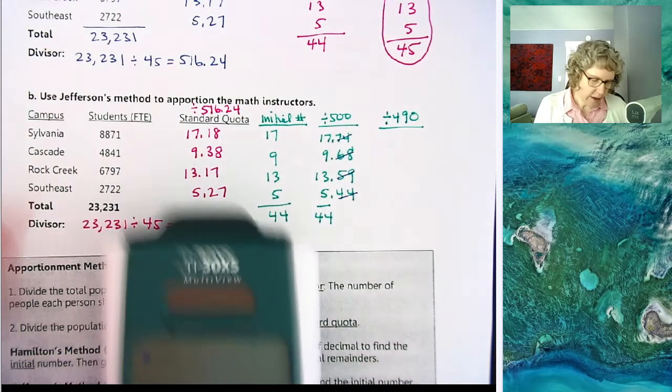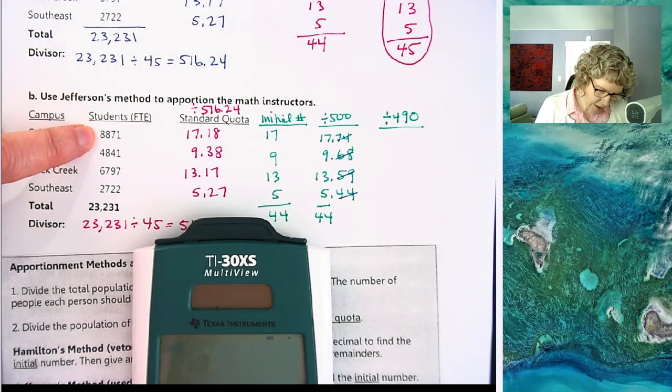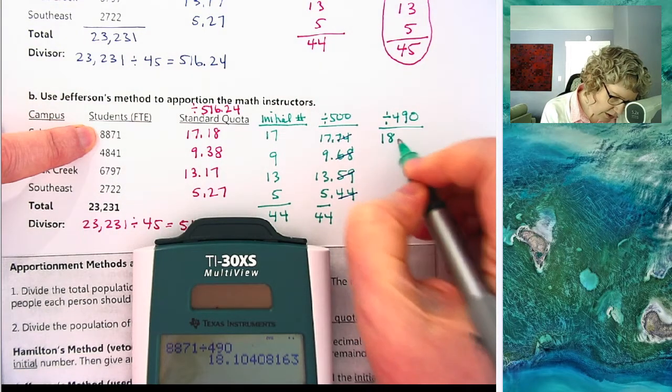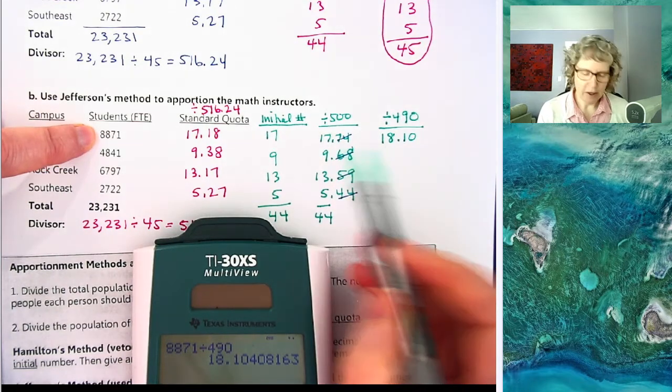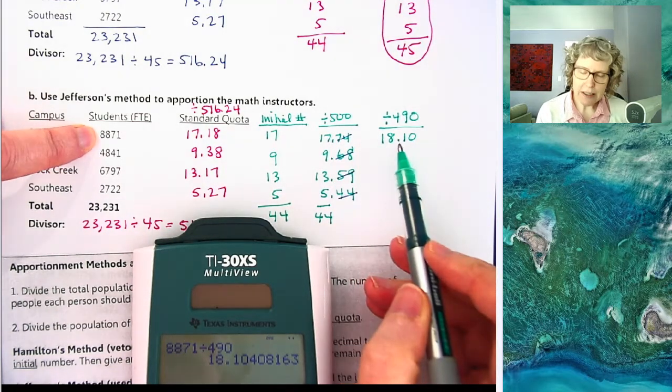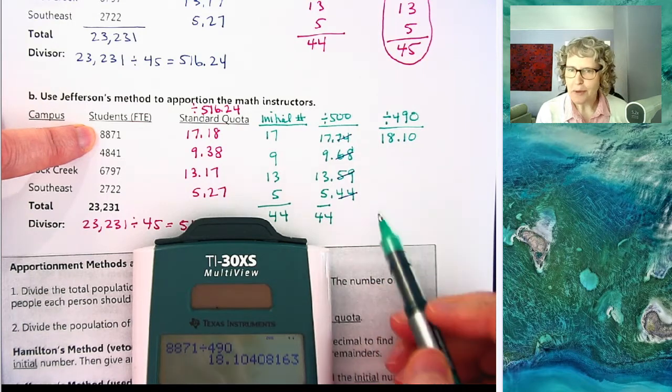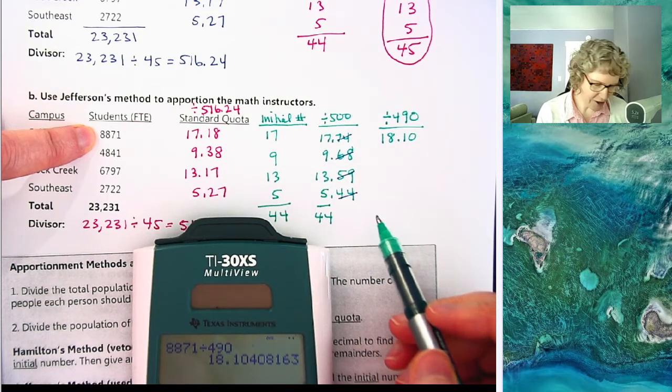Okay, now we start back over here. 8871 divided by 490, which is 18.10. Okay, now we're getting somewhere because this is now bumped up to 18. Hopefully none of the other ones bumped up because we only have one extra.